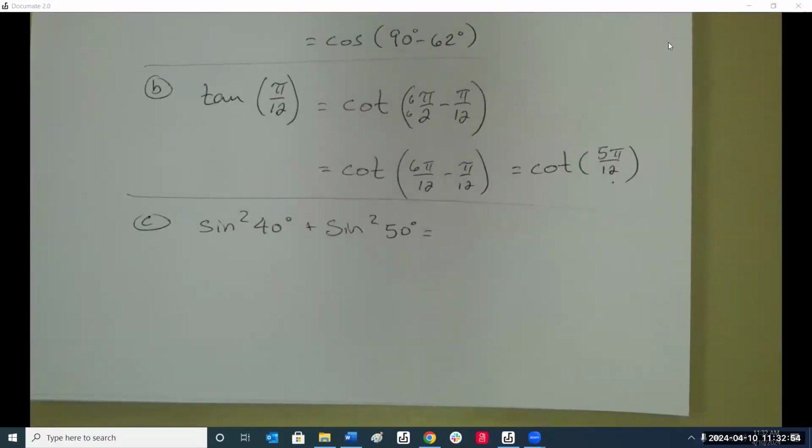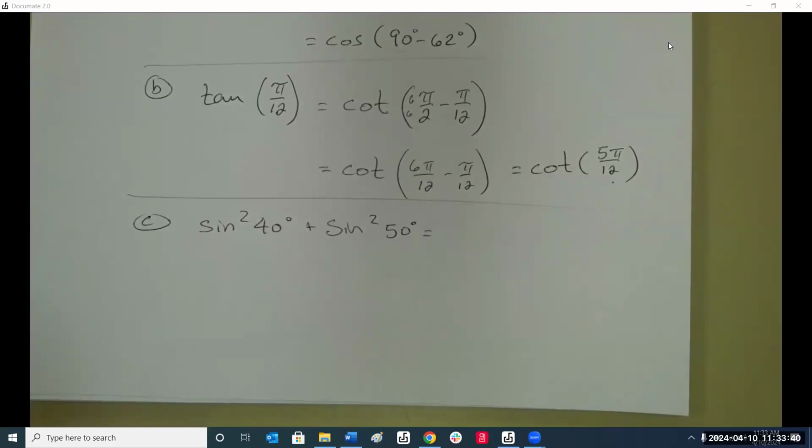Why? Sorry, I can't hear you. Sine 40 is equal to what? Cos 50. So when you square it, it's going to be equal to 1. Why is it equal to 1? What's the formula?